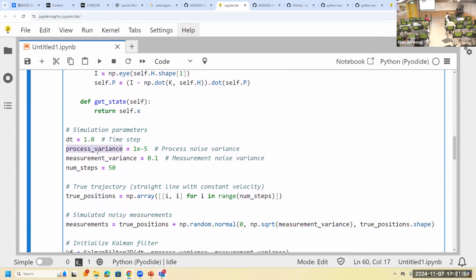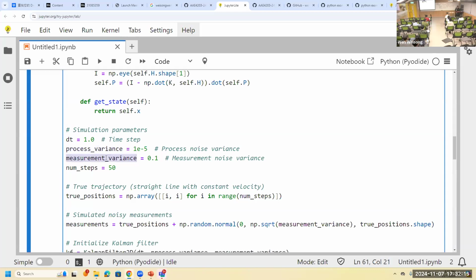The process covariance is Q, because the prediction is sometimes also called the process model or process procedure. Of course, later you can tune the values of Q. Please make notes: tune the values of Q and you can see the differences in the results.